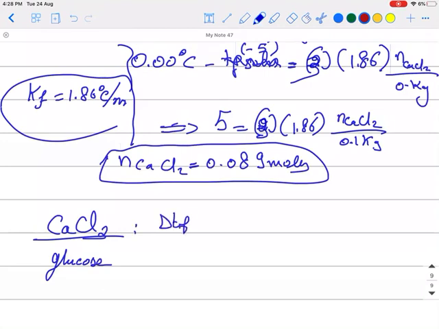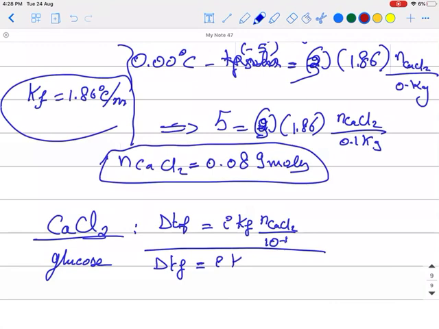Delta T freezing equals i K freezing times the molality, which is the number of moles of calcium chloride over 0.1, equal to i Kf times the number of moles of glucose over 0.1.